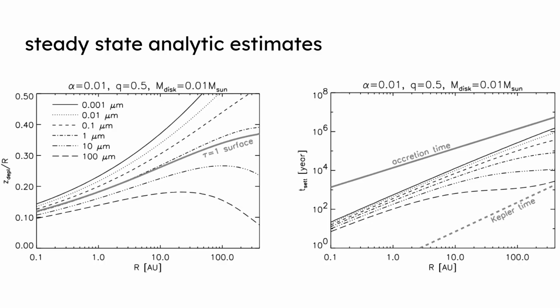These estimates are made using a very simple model of the disk. The surface density is assumed to follow a power law, not even tapered. The temperature is also derived analytically from just considering heating by the star and cooling by thermal radiation.